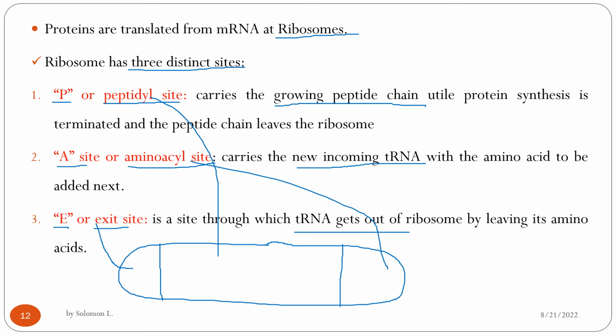And this one is the A site, or aminoacyl site, which carries the new incoming transfer RNA with the amino acid to be added next. So this can be the entrance for transfer RNA, and this can be the exit for transfer RNA, leaving its amino acid.